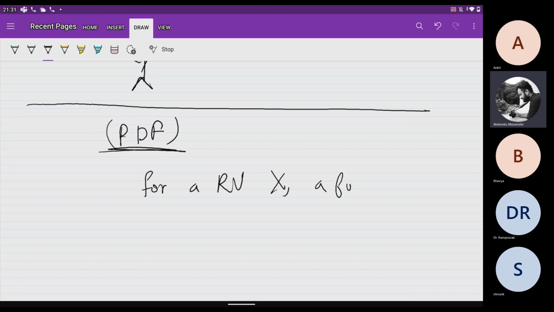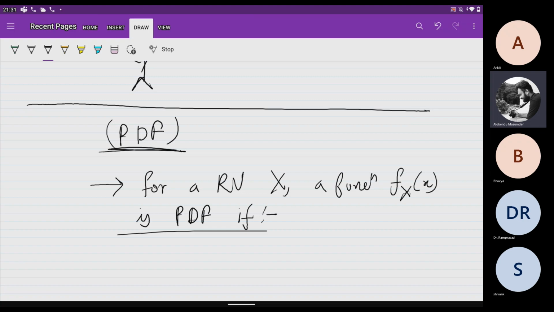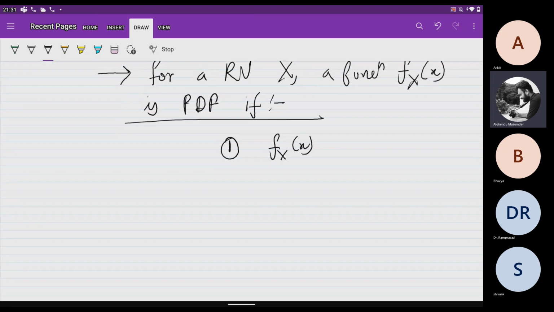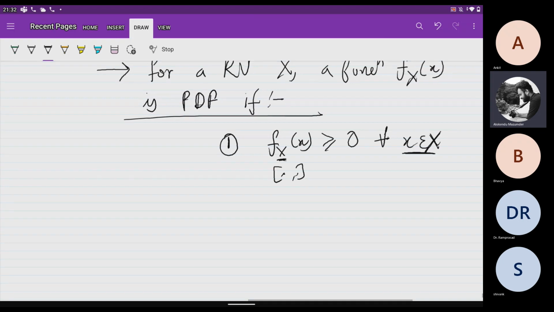For a random variable X, a function written as f subscript capital X of x is a probability density function if it satisfies two properties. First, f(x) will be greater than or equal to 0 for all x belonging to X. X here is basically an interval. So whatever value you pick in that particular interval, your density function will be greater than or equal to 0.